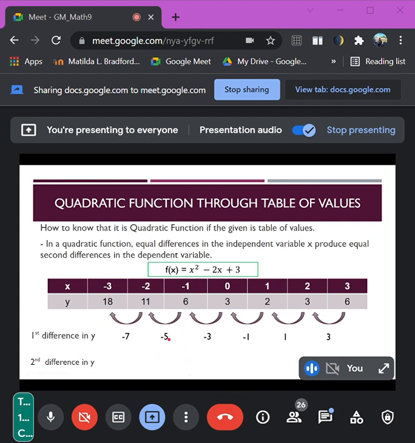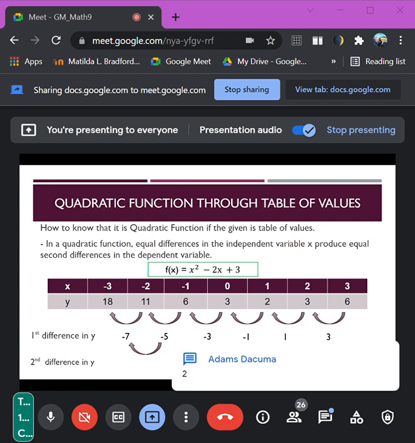So, you have there negative 5 minus negative 7. Minus negative 7 becomes positive, so negative 5 plus 7. That is positive 2.